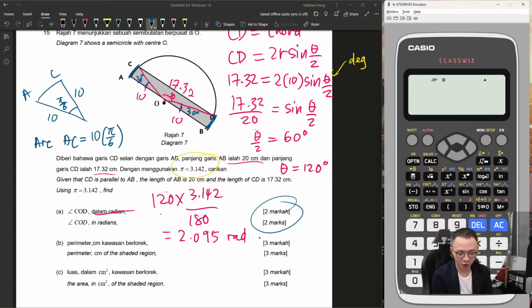And remember, don't type the pi, because the examiner doesn't like students to type the pi. And I hope if SPM teachers are watching this video, please allow students to type the pi rather than 3.142. They are not Form 3 students. Just use the pi in the calculator. Which student will not use the pi in the calculator? There is no one. Maybe Form 1, Form 2, you want students to use pi as 22/7, maybe at that moment they cannot use a scientific calculator. But when students have a scientific calculator, all of them have the pi in their calculator.